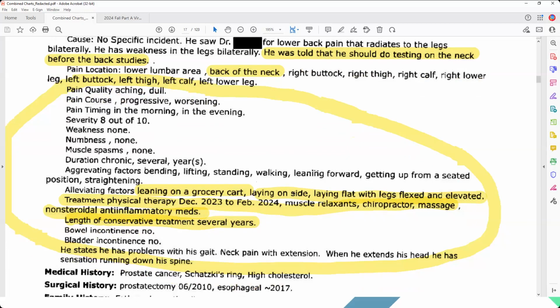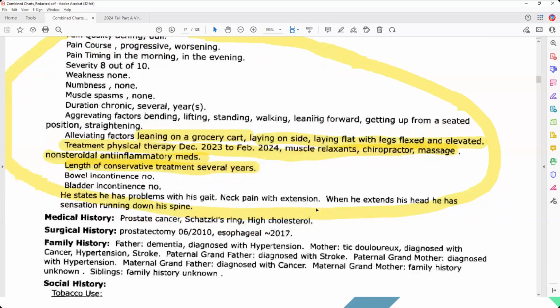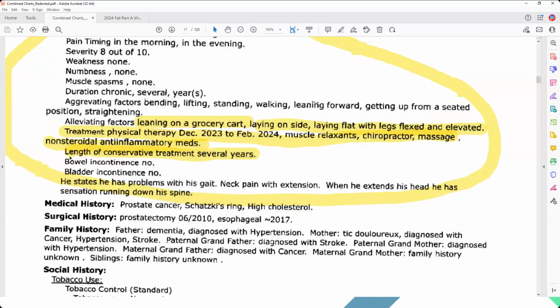So that's why I circled this, be leery in your documentation and make sure you're specifying for each area, because this guy has lumbar and cervical that they're concerned with, but the documentation encompasses all of that. And so we don't know how it's affecting him and his cervical spine issues.